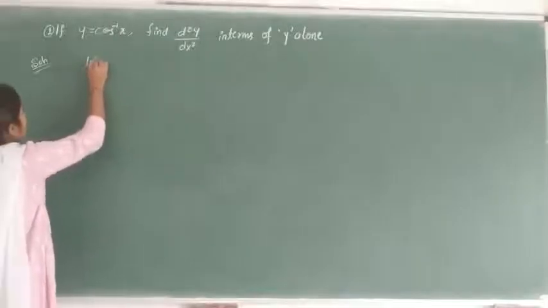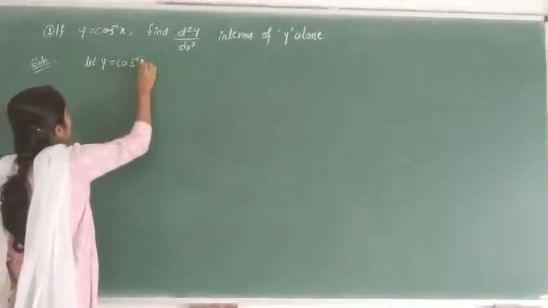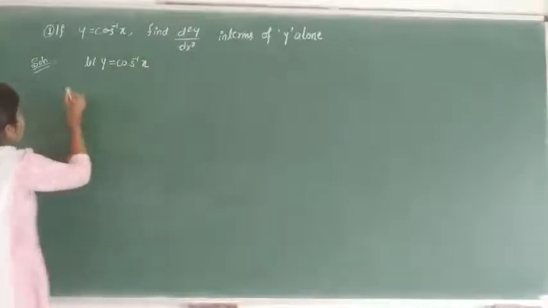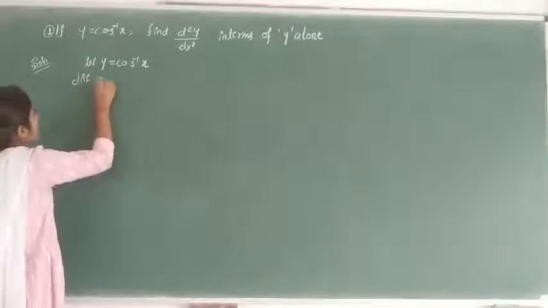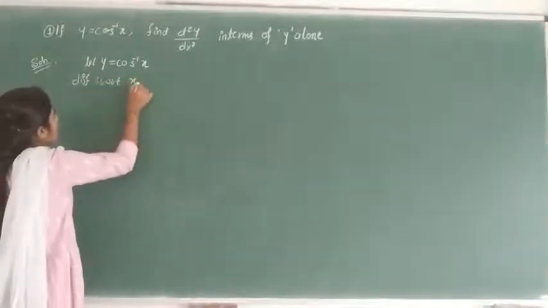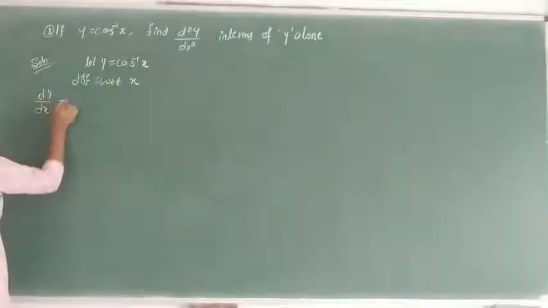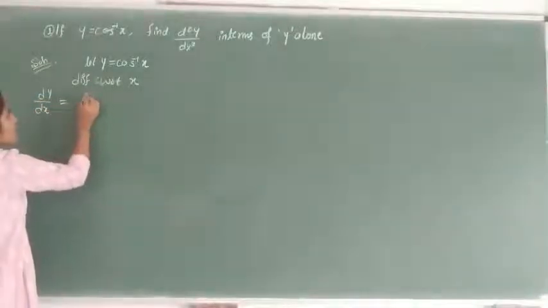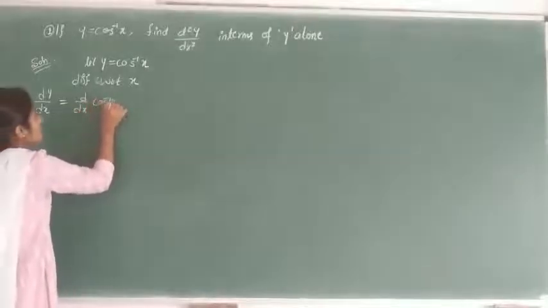So we have y is equal to cos inverse x. Now differentiate this equation with respect to x. So dy by dx is equal to the derivative of cos inverse x, that is d by dx of cos inverse x.